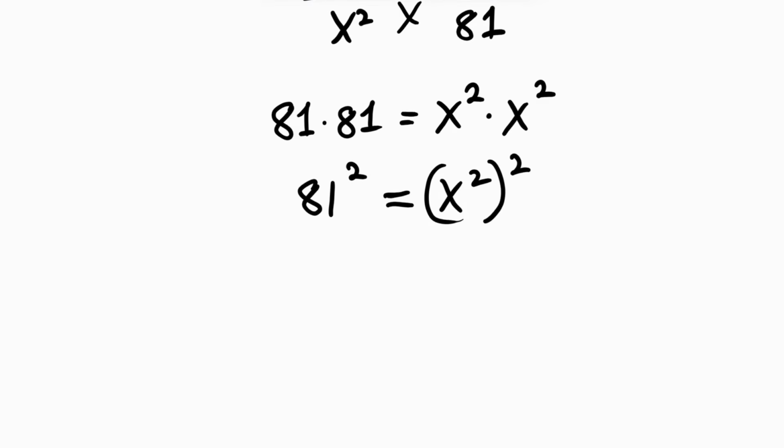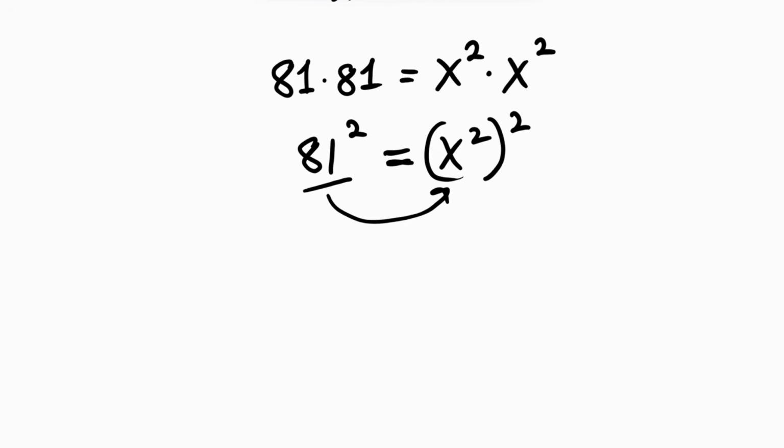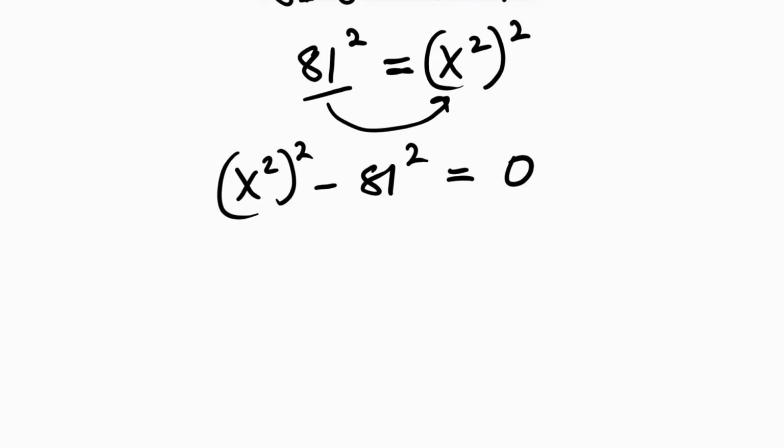Right. So we can move 81 squared to the right hand side so that the whole thing becomes equal to 0. So now we have x to the fourth minus 81 squared equals 0.